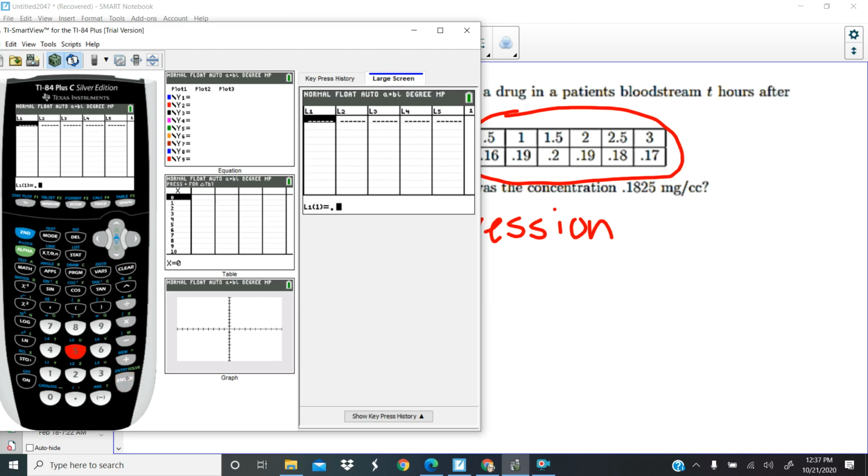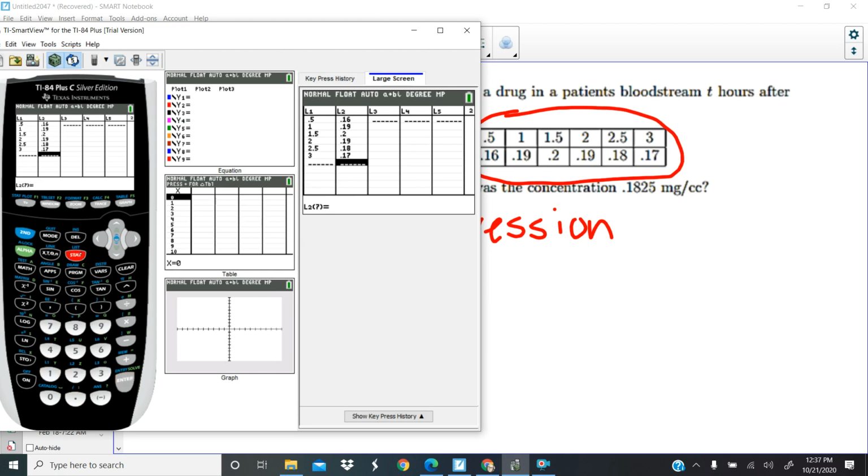For L1, we have 0.5, 1, 1.5, 2, 2.5, and 3. That fills out the L1 list, and now I'm going to go over to L2 and type in 0.16, 0.19, 0.2, 0.19, 0.18, 0.17. And that fills out my L2 list, so I have all of my data entered.